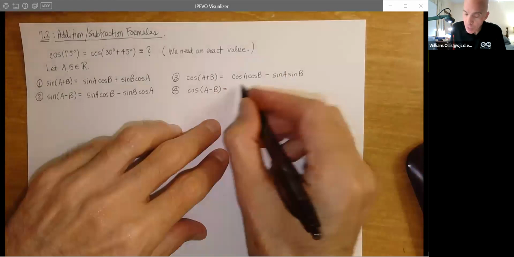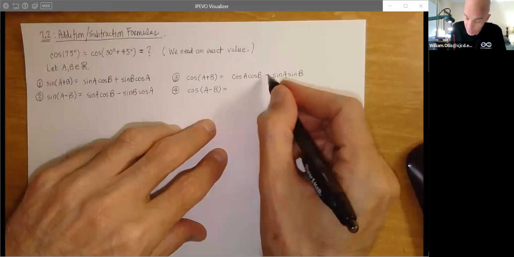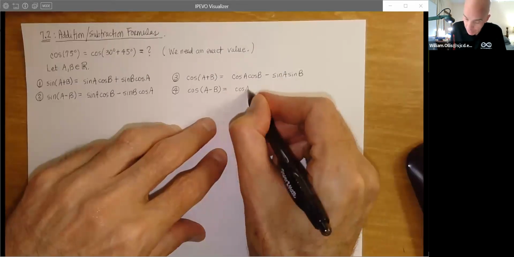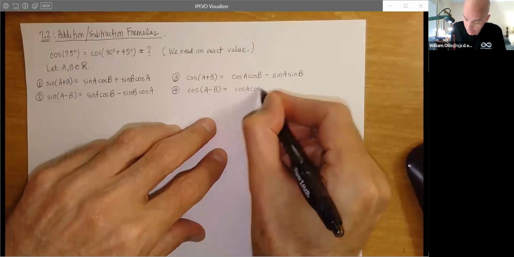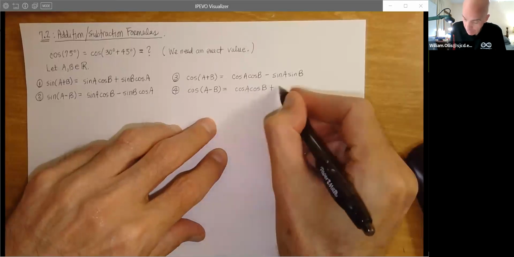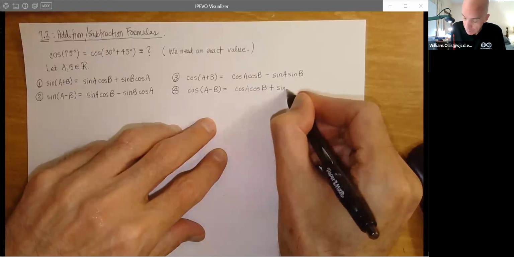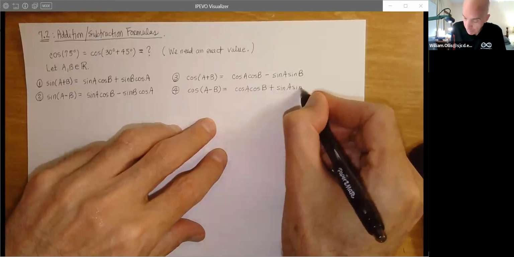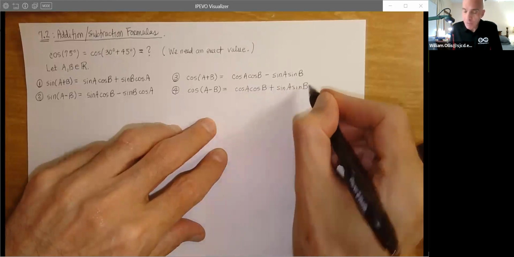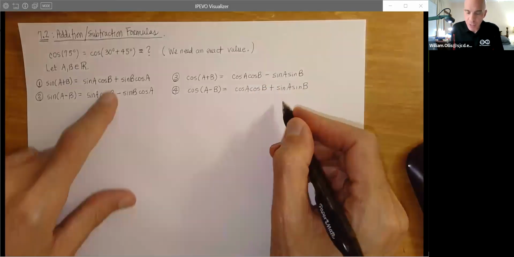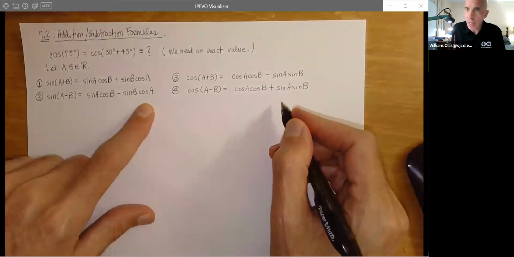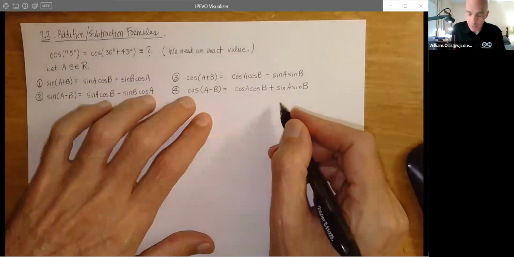And with the difference, the minus here changes to a plus. So very, very close together. So these are not hard to commit to memory. These you'll use often enough.